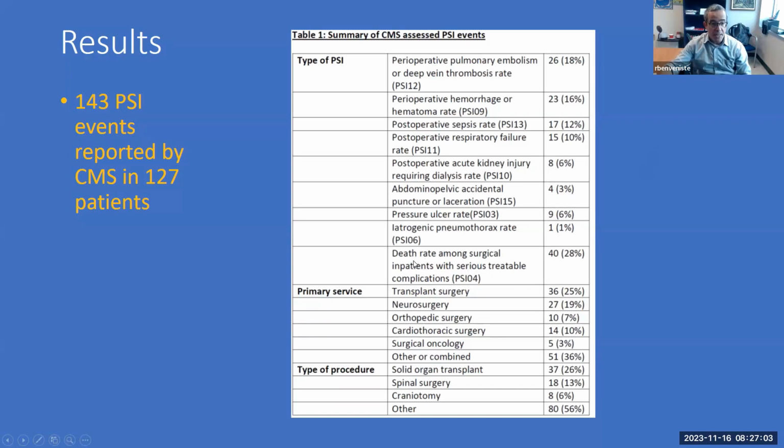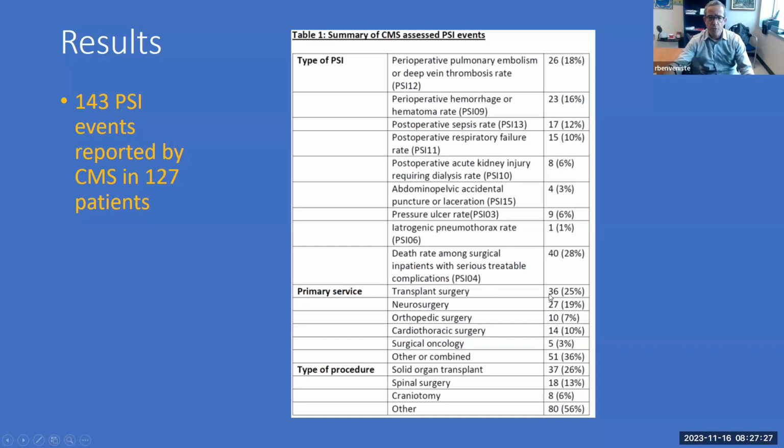This does not mean any Medicare patient who dies after surgery. The Medicare patient has to die, but also have had one of these other complications. Not all, it has to be, I believe, sepsis, kidney injury, pulmonary embolism, and I think shock.